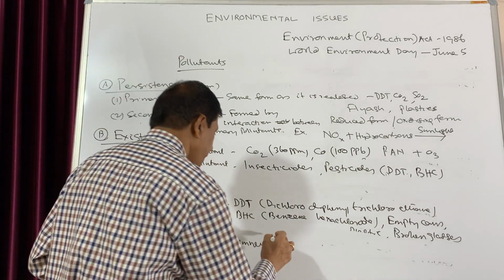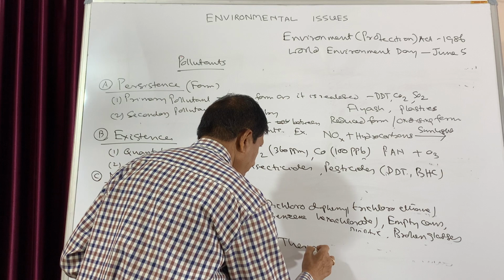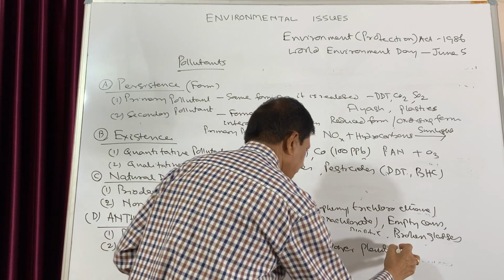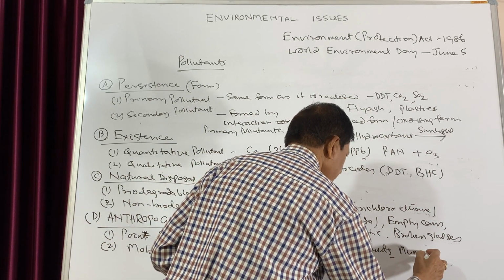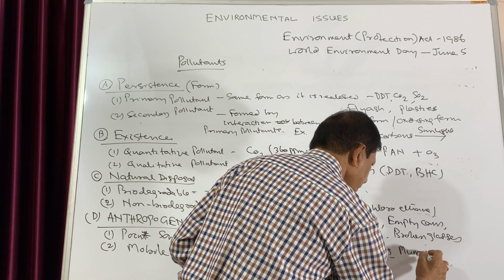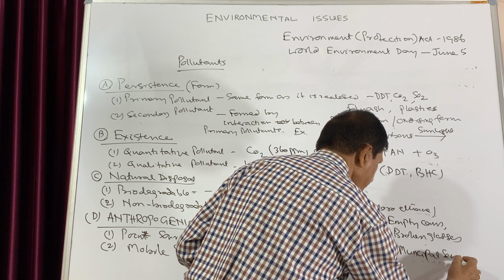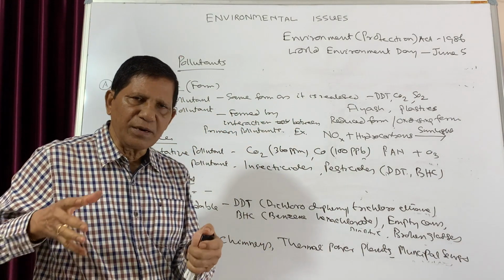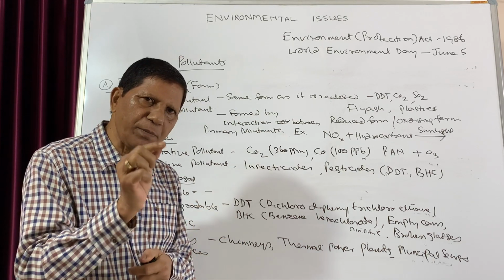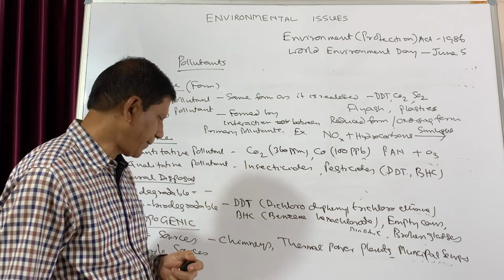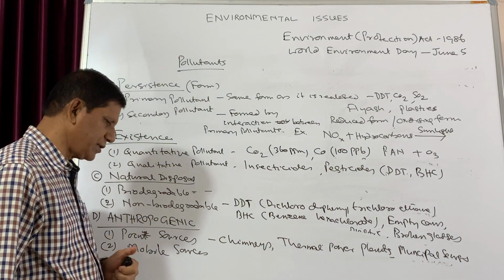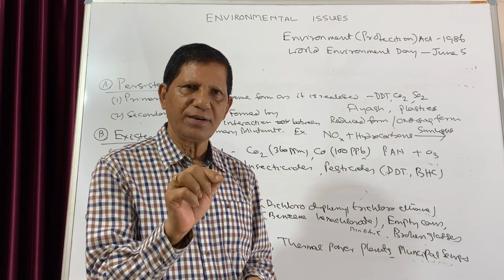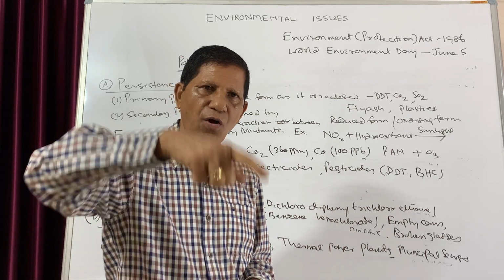Then thermal power stations, thermal power plants, then municipal sewers. In these cases, they enter the environment through a particular point, and they cause pollution. But in case of mobile sources, usually they come out through a very narrow outlet, and they can cause pollution over long distances.